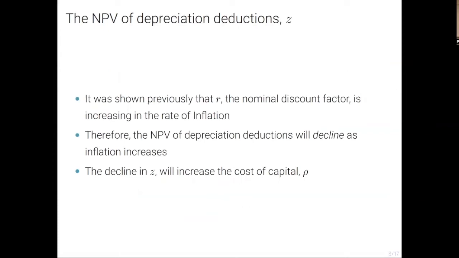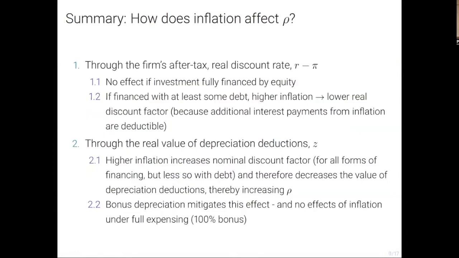Okay, so we've got an increase in inflation lowering the cost of capital on the one hand and increasing it on the other. So we've got these two channels and they're working in different directions. They also depend upon the method of financing. So if investment is fully financed by equity, F equals 0, and there's no effect of inflation on the after-tax real discount rate.